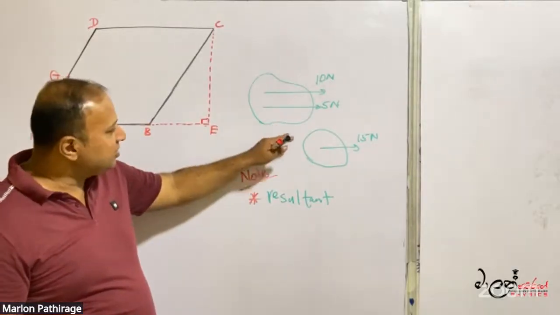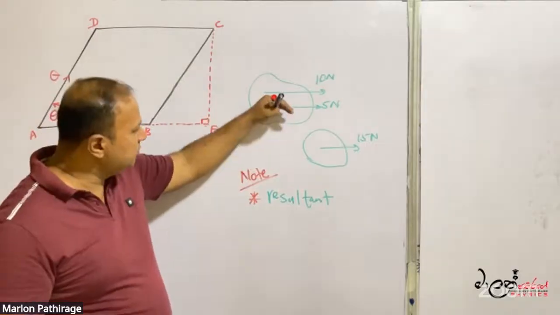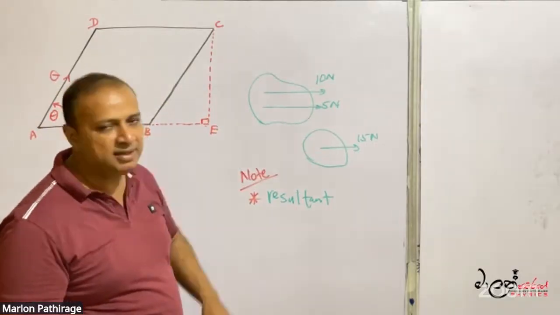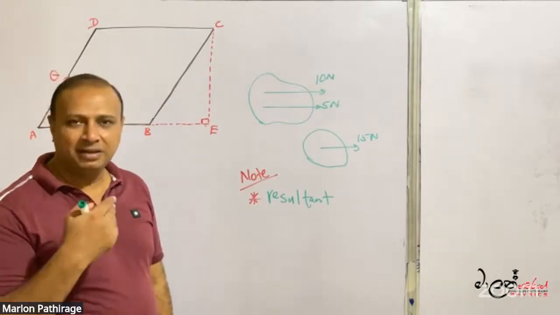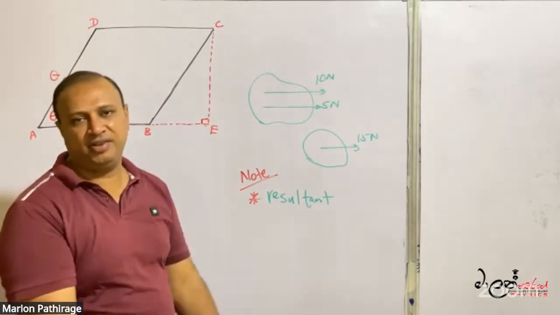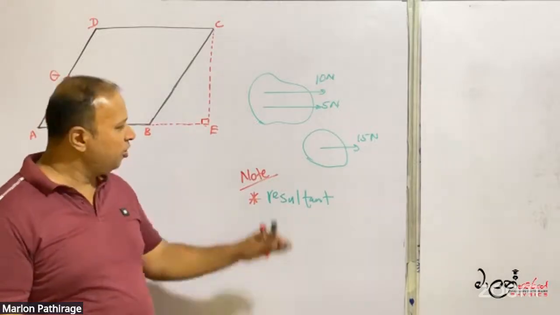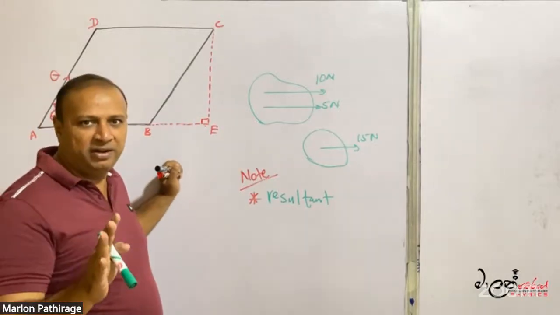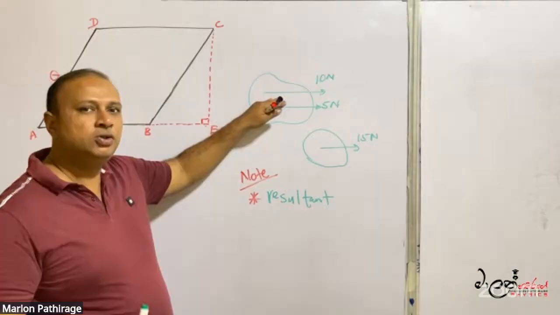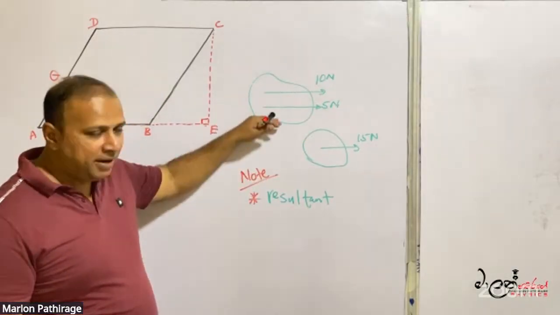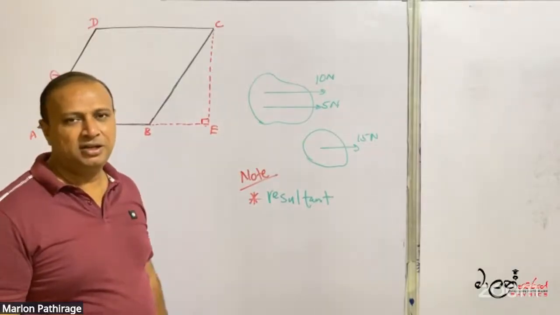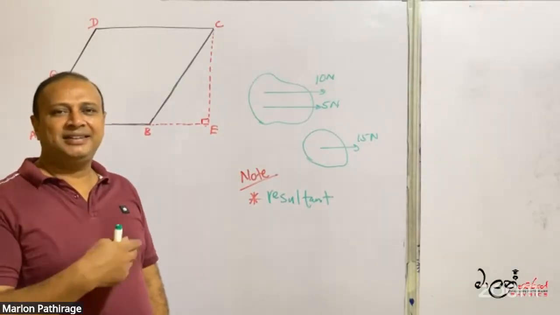Therefore, there is no difference between this vector system and this vector. Both give the same end result. The only difference is that here there are two vectors and here there is only one. Therefore, we can reduce the number of vectors using this resultant vector method.